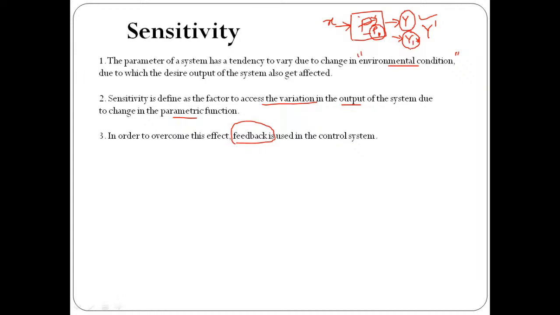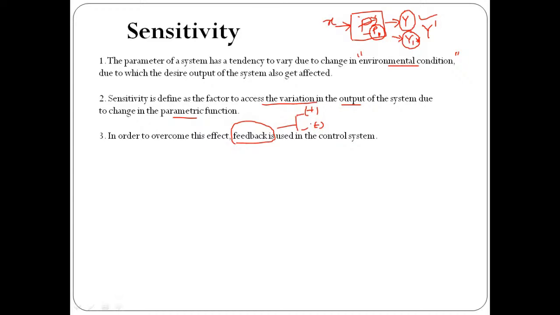Now, as I told you, in case of control system, we have two possibilities to apply feedback mechanism. We may go for positive feedback, we may go for negative feedback. Now we are going to analyze that. Suppose we take positive feedback, what will happen to open loop and closed loop control system? And suppose we take negative feedback, what will happen to the sensitivity factor of open loop and closed loop control system?